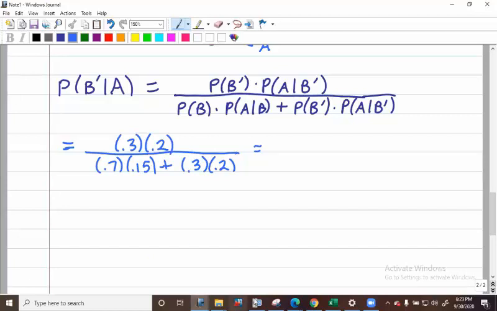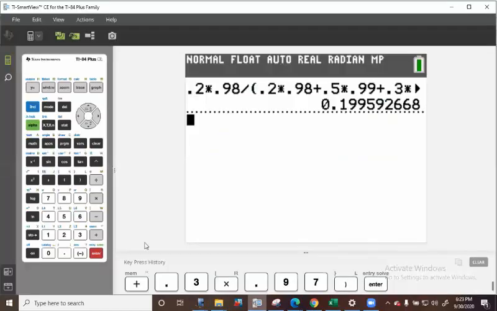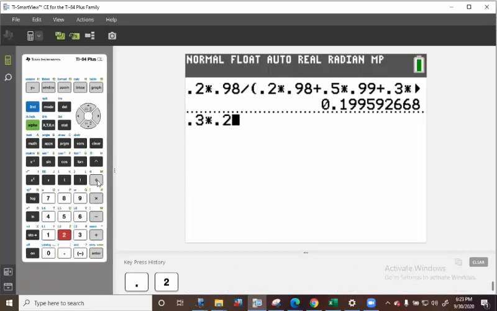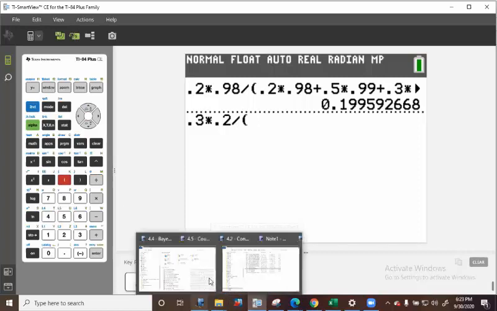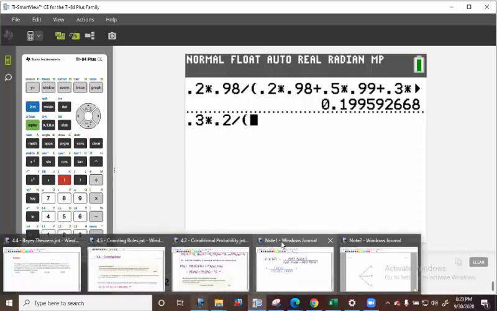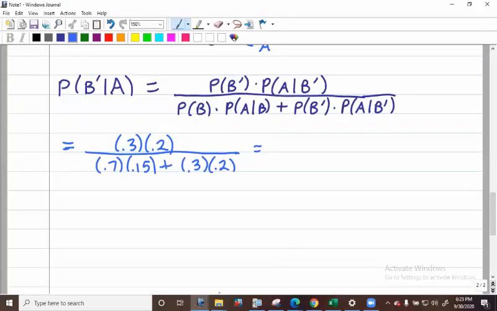I think I would try to do it in one step if possible to avoid too much rounding in the denominator. For a test it wouldn't matter because you'd be close enough to the right answer, but you know how MyMathLab can be kind of picky at times. So 0.7 times 0.15.